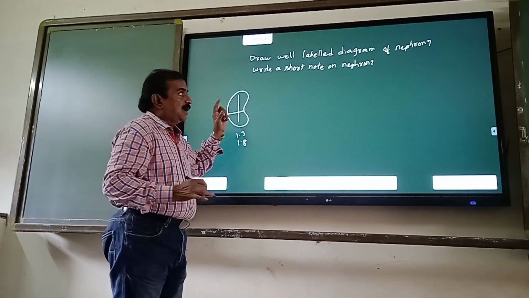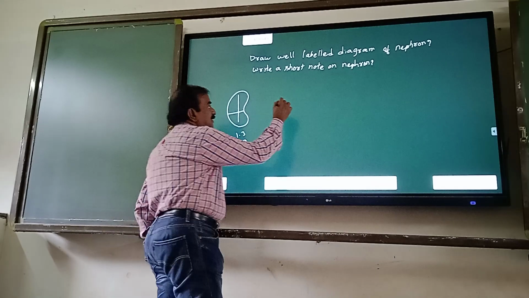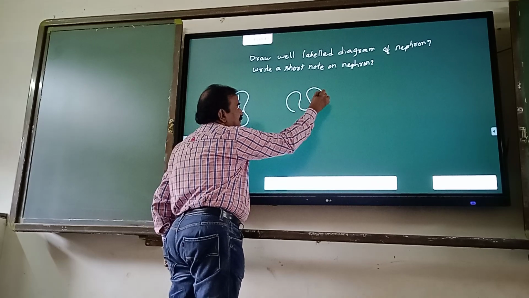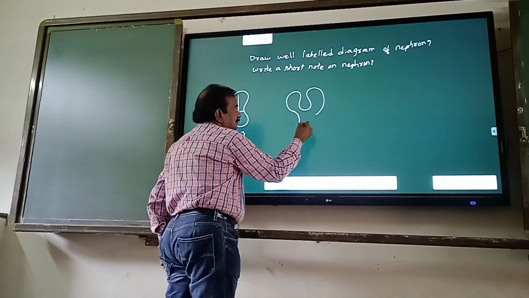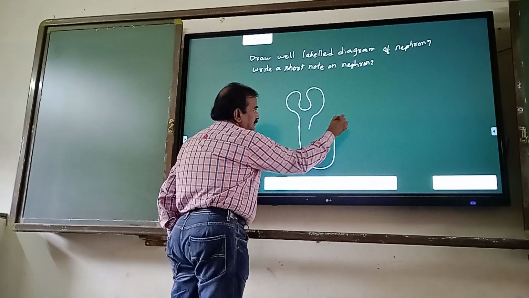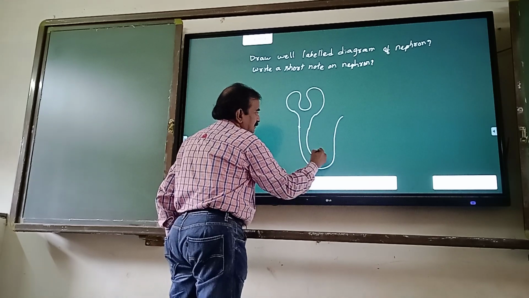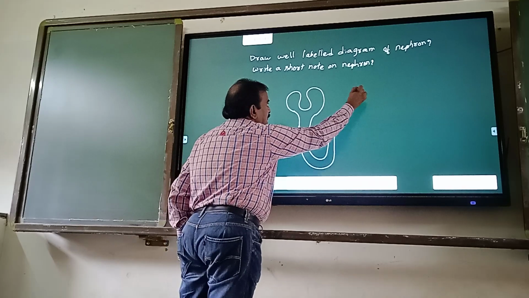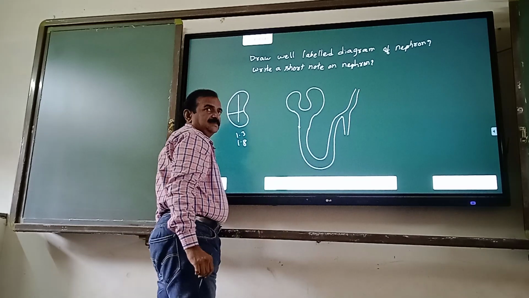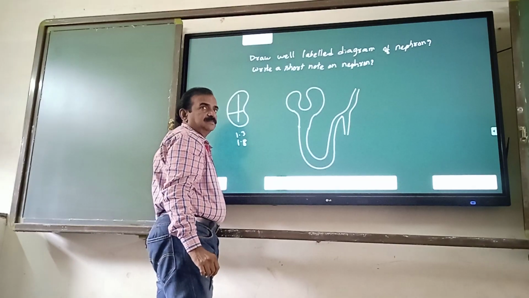Now I am drawing a rough diagram of the nephron. Nephron is like this. This is a rough diagram of the nephron.